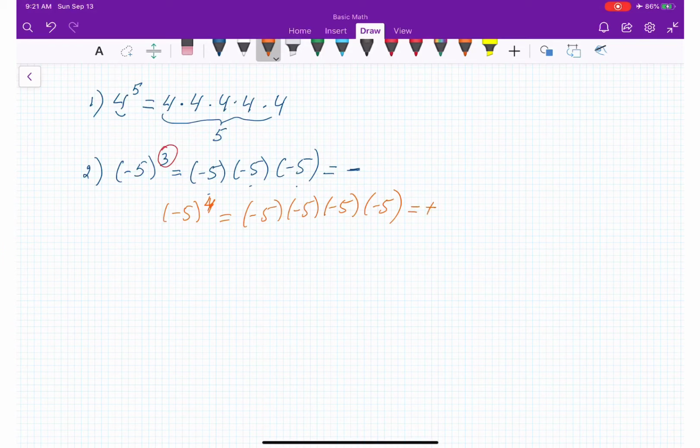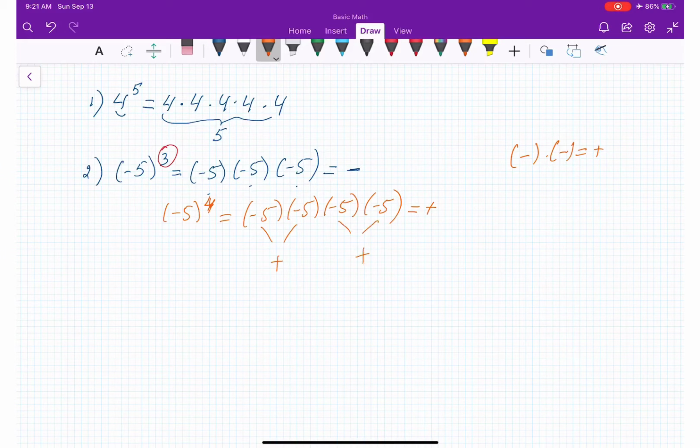Now, you can ask why when it's odd power it's negative, when it's even number it's positive. Very easy. Look here, we know that negative times negative is positive, right? When we multiply. Okay, this negative with this negative gives you positive. This negative with this negative gives you positive.